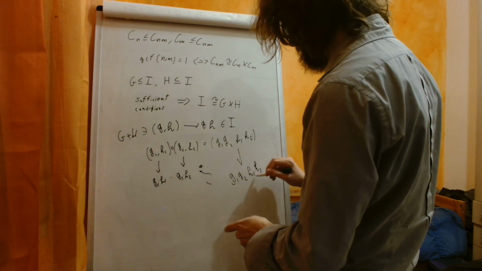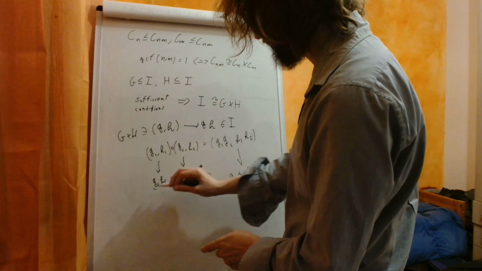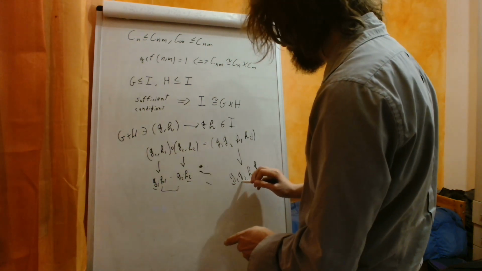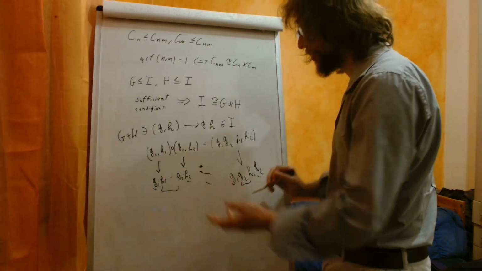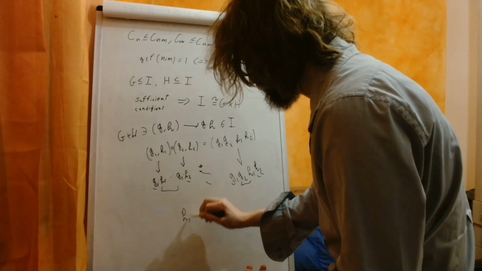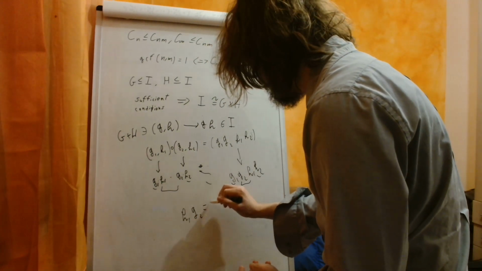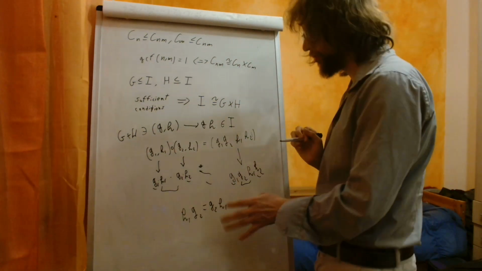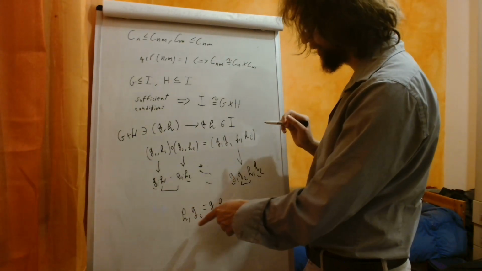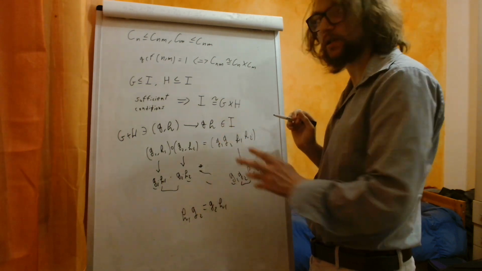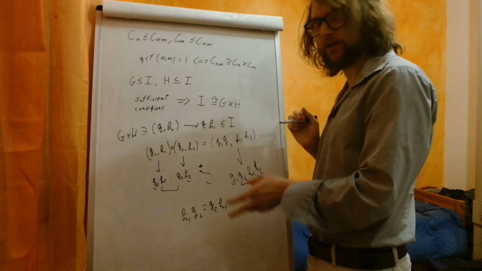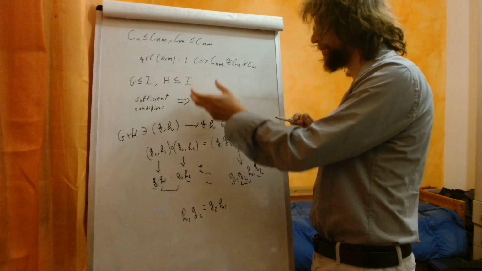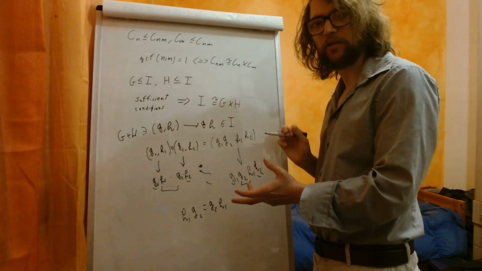So at the two extremities we have the same elements, but in the center they are inverted. So we must have h1 g2 equals g2 h1, and this must hold for any h in H and for any g in G. So taking any two elements, one from H and one from G, they must commute.